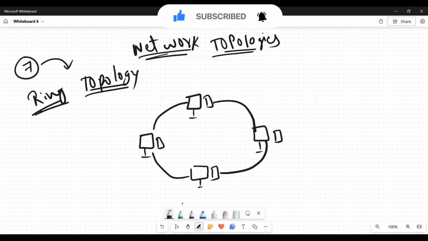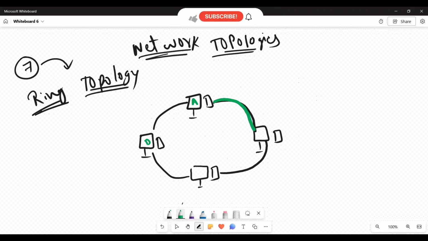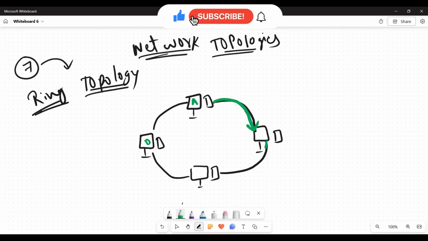And you want to transfer data from point A to point B, and this data should always go in one direction. So here the structure is represented. And this is B and this is C.